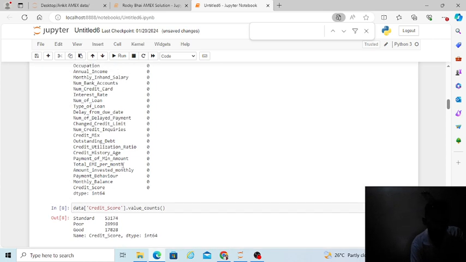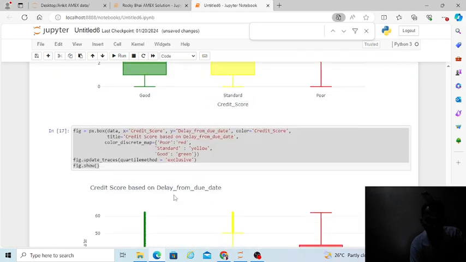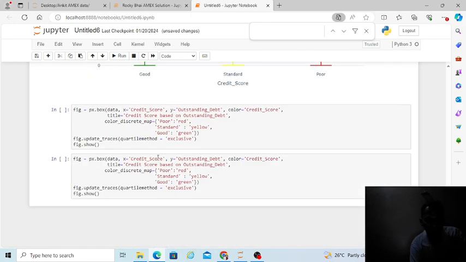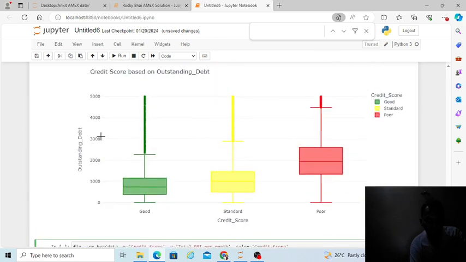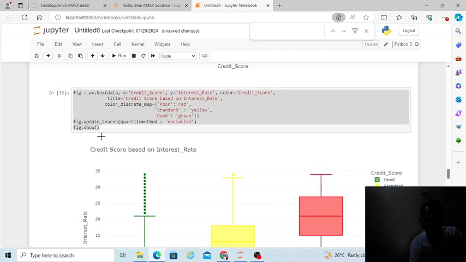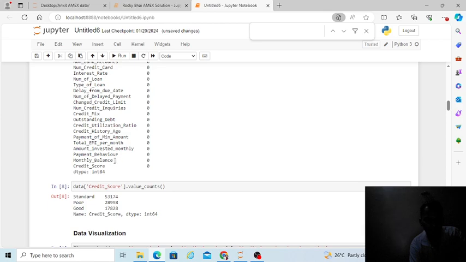So total EMI per month, total EMI per month, and lastly monthly balance also.